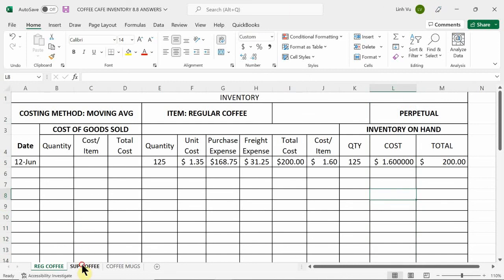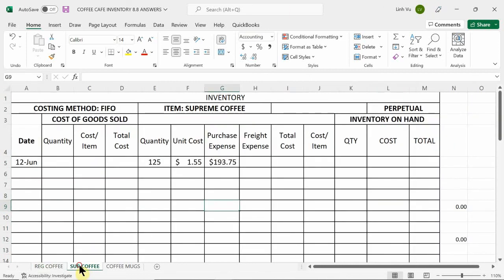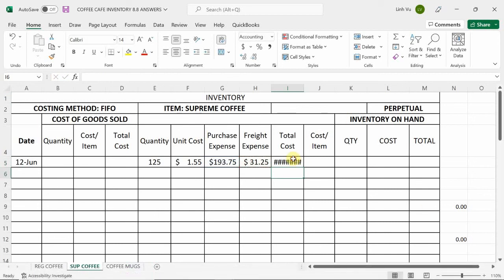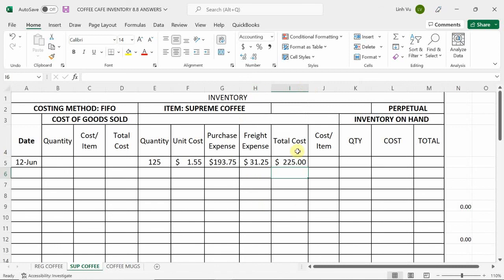So let's go ahead and solve for my Supreme Coffee. Here I purchased my Supreme Coffee. I incurred $31.25 worth of freight, which gave me a grand total of $225. Okay, $225.